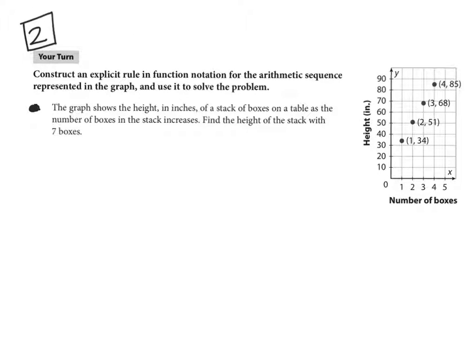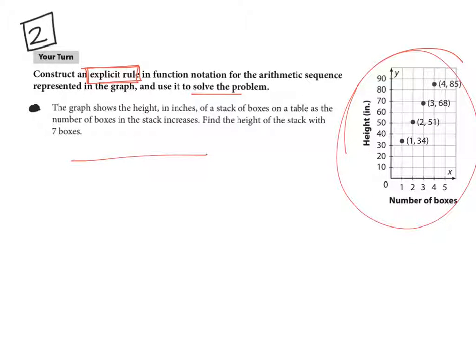Okay, we will follow the directions here. Again, they want us to write an explicit rule, and they want me to use it to solve the problem. So if you notice our points over here, we have a rule going on, and we'll even make a table. So I've got the first term is 34, the second term is 51, the third term is 68, the fourth term is 85.